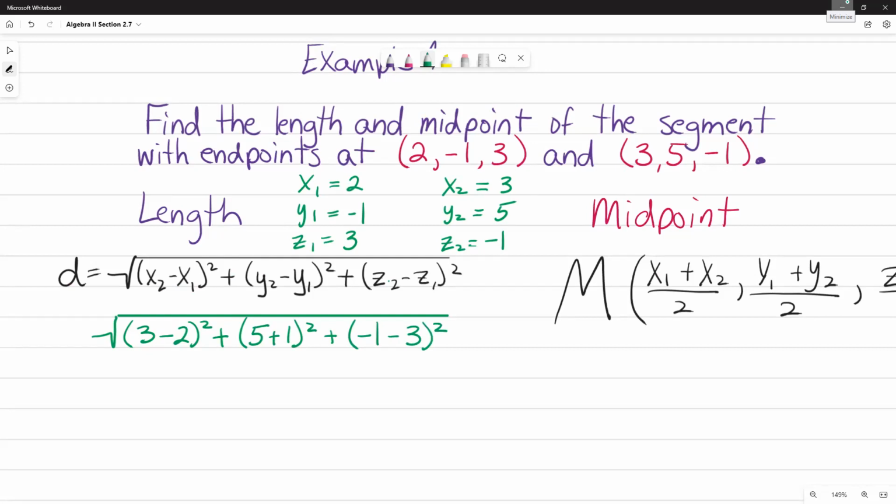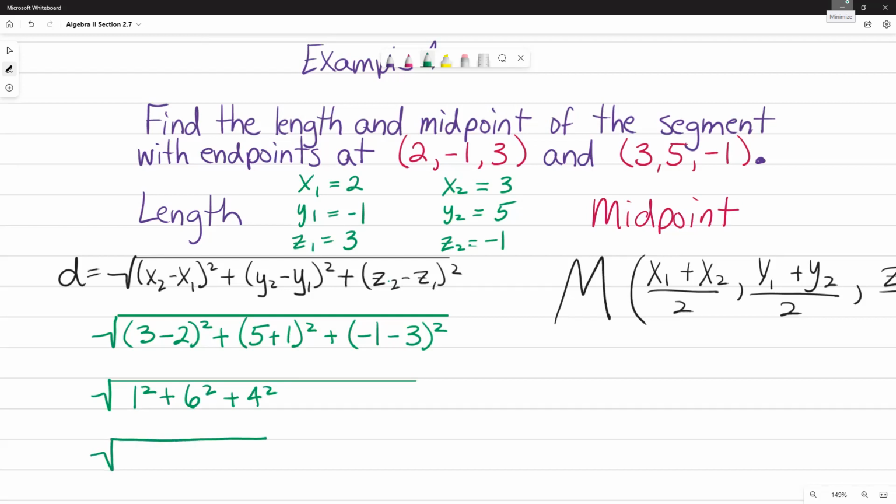All you do is add that third coordinate, square it, add them together, just more. It's the same, but different, but still the same process. So we have 3 minus 2 is 1 squared. 5 plus 1 is 6. And then -1 minus 3 is -4, but we're squaring it, so I'm just going to make it positive 4. We good? Because it's going to be positive no matter what.